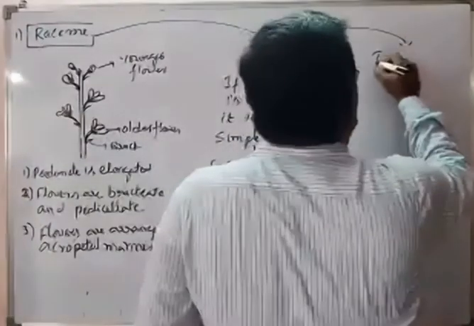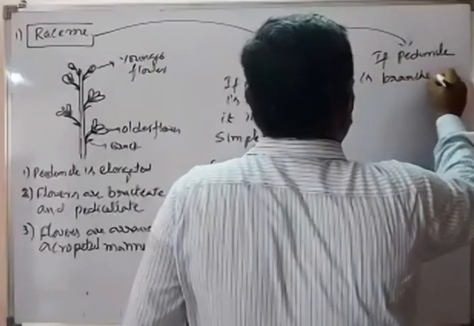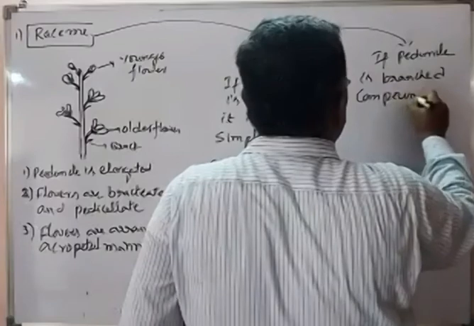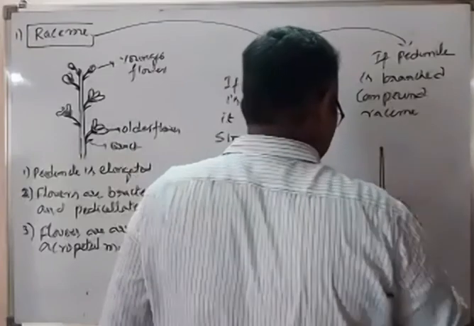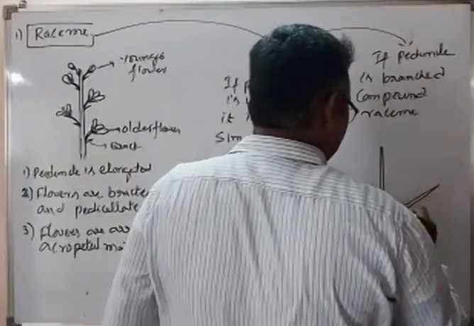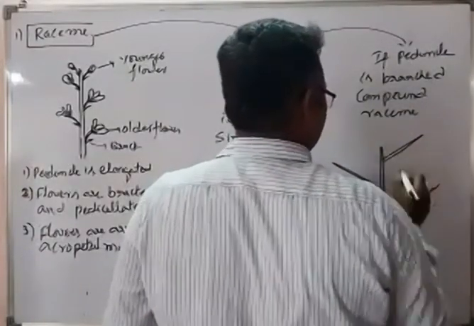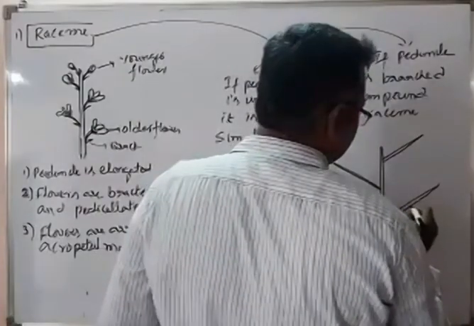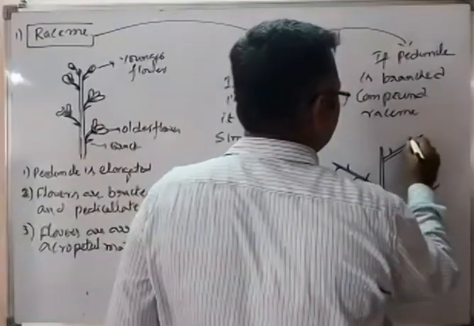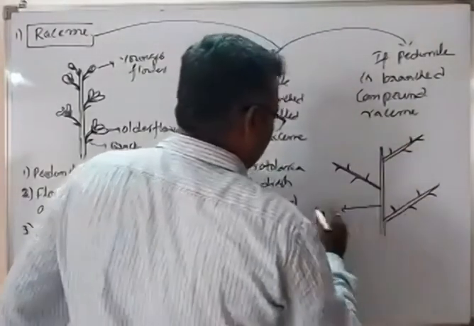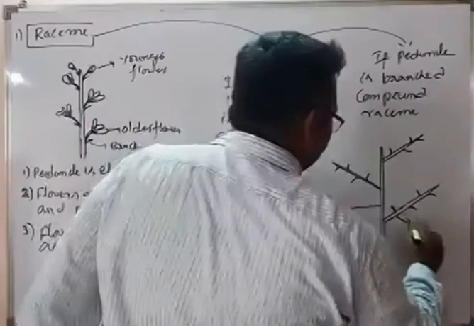If the peduncle is branched, it is a compound raceme. This is the main peduncle. It shows branches like this. On the branches, the flowers are arranged acropetally. This is the main peduncle, and this is a branch.